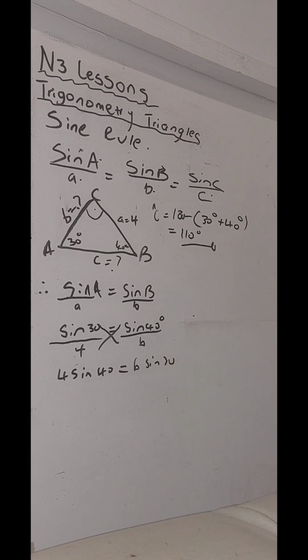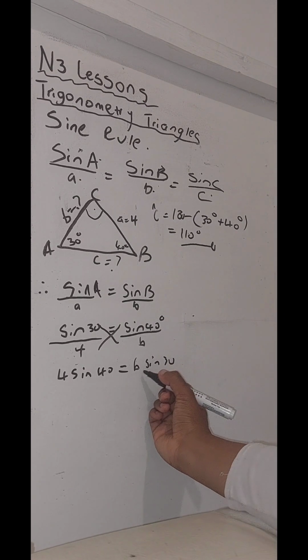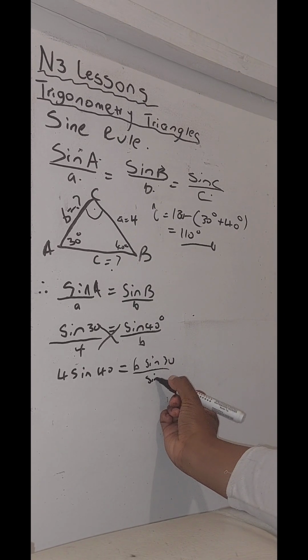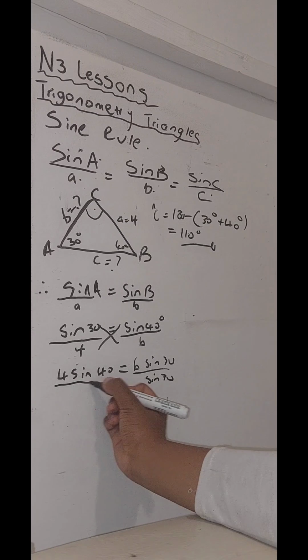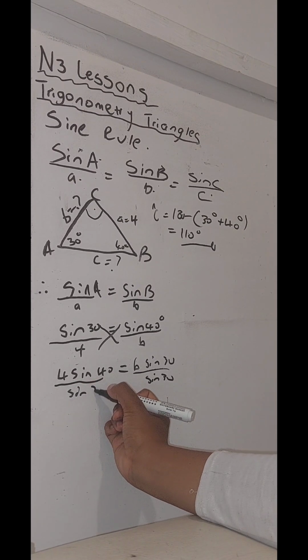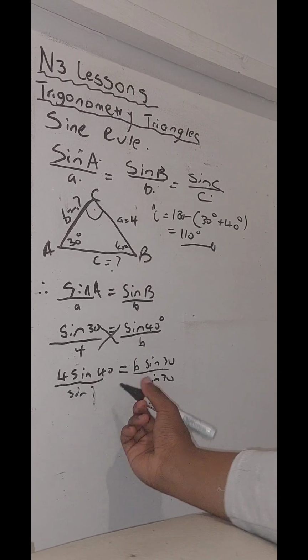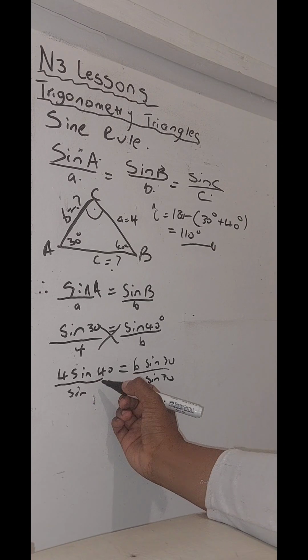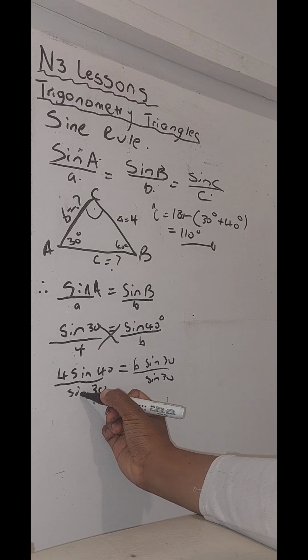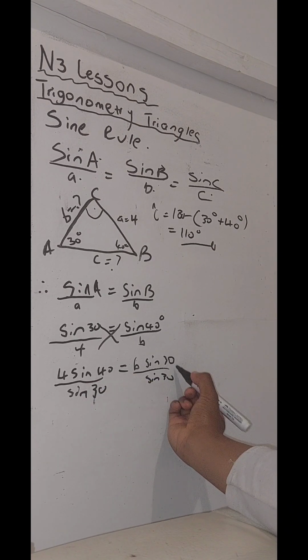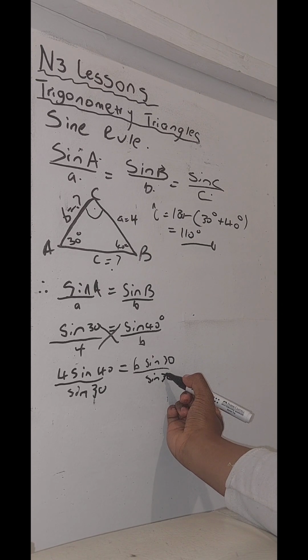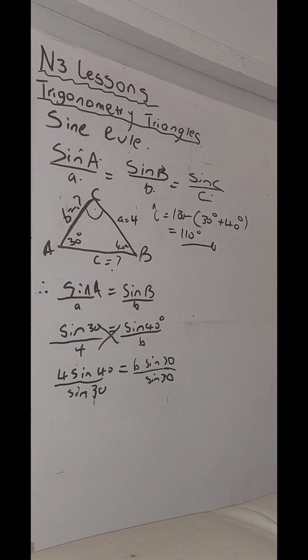And then how do we solve this? We're going to divide by sine 30 on every side. So what is B?